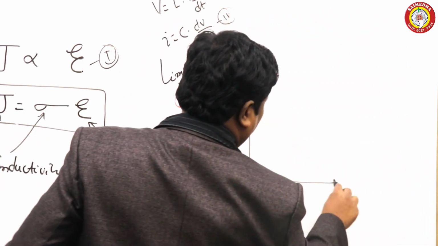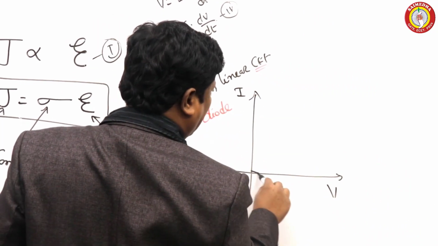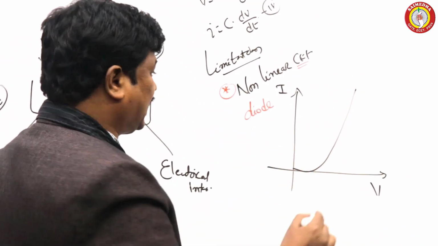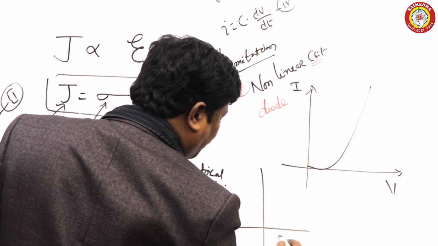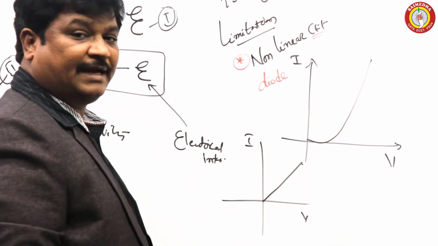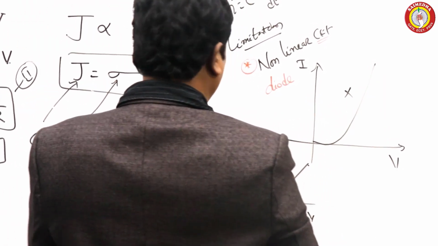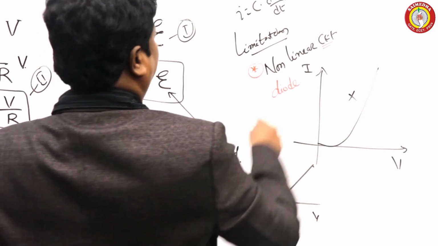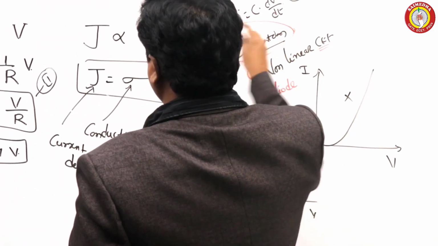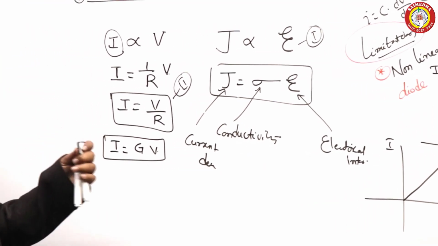If you see here, this is voltage and this one is current, the characteristics are not linear. According to Ohm's law, the VI characteristics should be linear, then only it is applicable. Here, Ohm's law is not applicable. So this is one of the limitations of Ohm's law. And while applying Ohm's law, we know that the temperature remains constant.